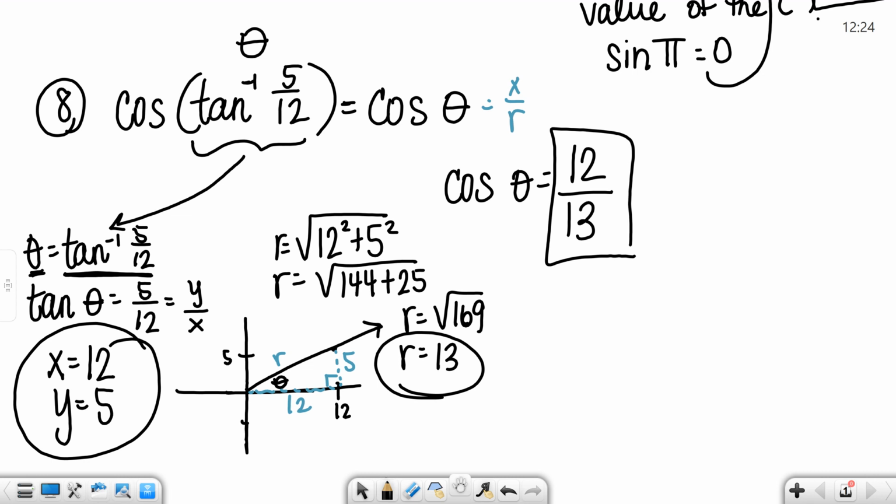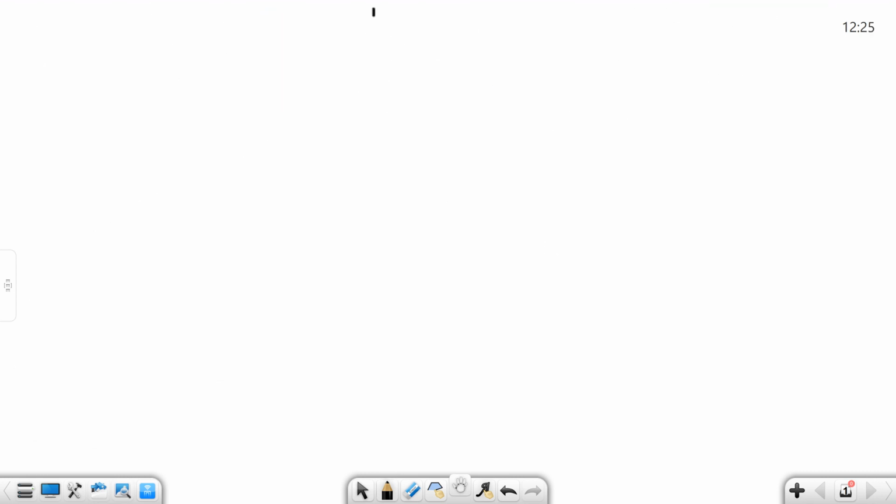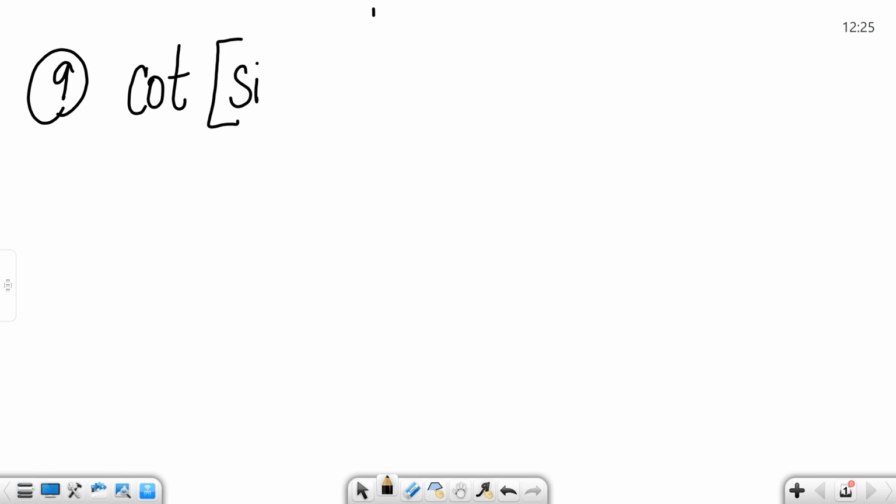Okay, one more, and that is literally the last example, 4, 5, 7. Let's do the cotangent of the inverse sine of negative 1/3. Now my little inverse properties don't work because I've got cotangent and sine in the same problem.